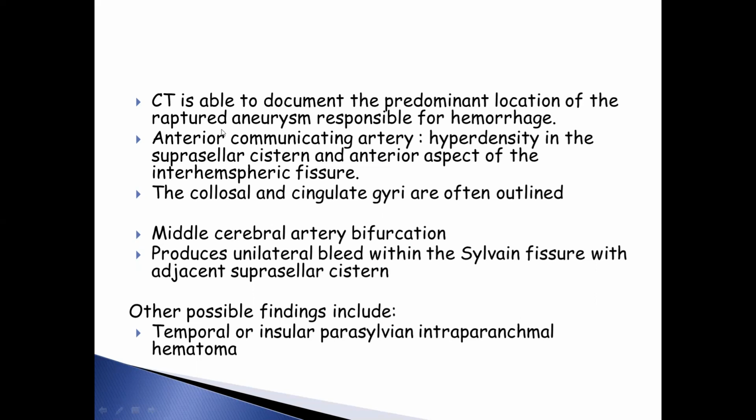So if the subarachnoid hemorrhage involves the anterior communicating artery, you're going to notice a hyperdensity in the suprasellar system and the anterior aspect of the interhemispheric fissure. Then middle cerebral artery bifurcation: this is going to produce a unilateral bleed within the sylvian fissure with adjacent suprasellar system involvement.